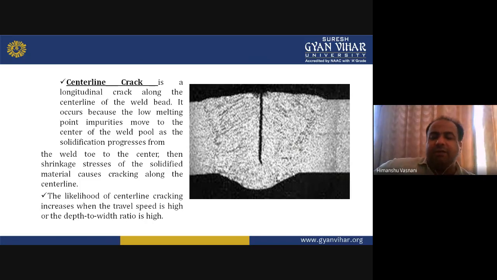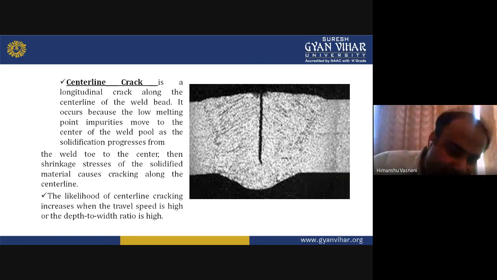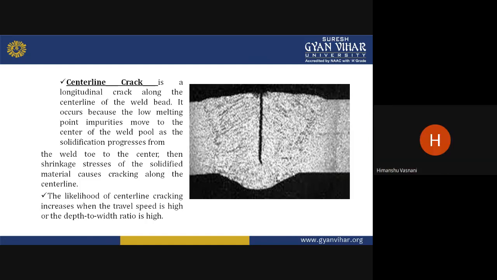Because if proper welding style is not there, then these cracks will occur, and these cracks will somehow affect the working. Suppose you are joining two railway tracks. If such an error occurs during welding, then you can understand what the effect can be, because the trains run at a very high speed.